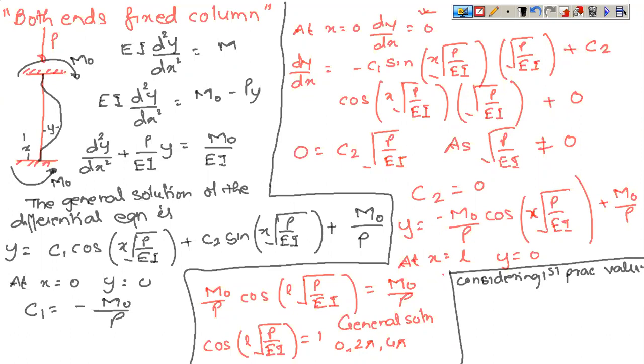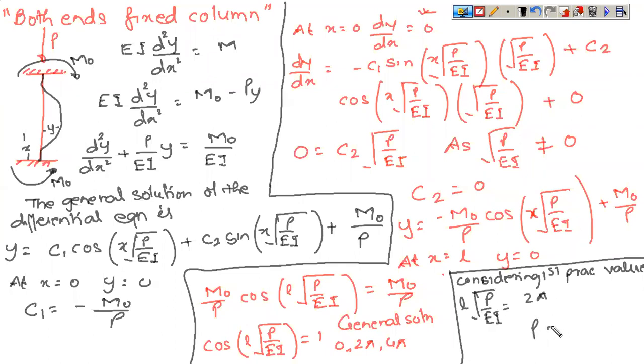Now why I am saying first practical value, 0 is also a solution, but it cannot be accepted as a solution, because then everything will vanish. This entire equation will be removed. You will have a constant in the form of m naught by p, which is not acceptable. So the first practical value or first numerical value which gives you a practical solution is 2 pi. So you have L under root P by EI is equal to 2 pi.